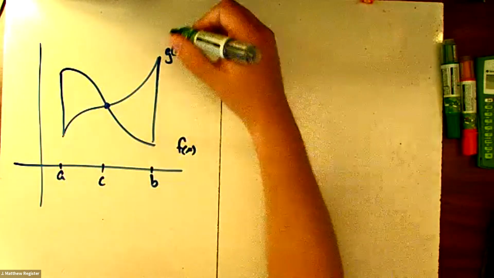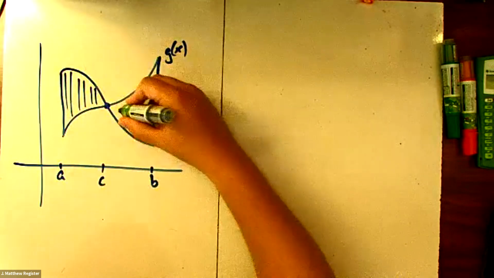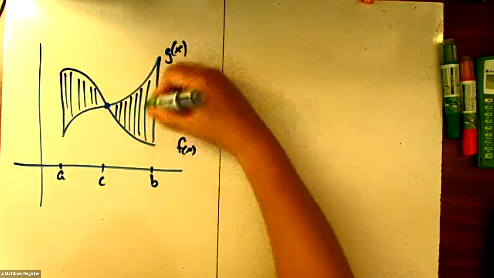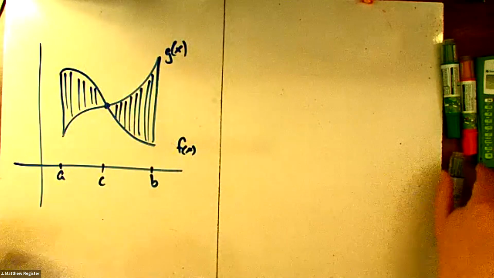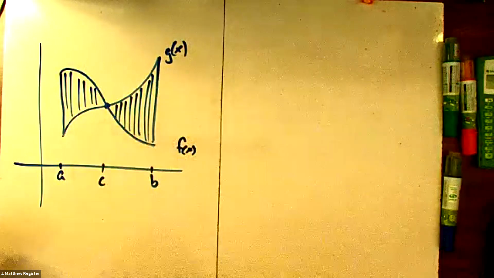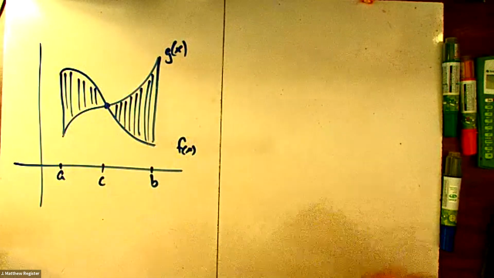Well, in order to figure out what the area is between these two curves, it's still going to be the exact same process. It's still going to be the top minus the bottom, because that's how you calculate area. The difference here is the function which is on top changes when you hit c.